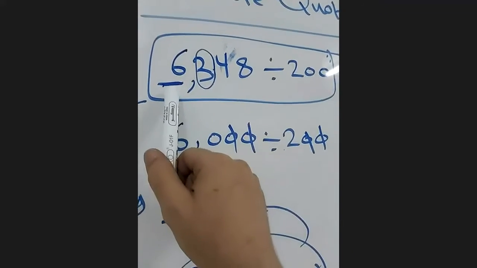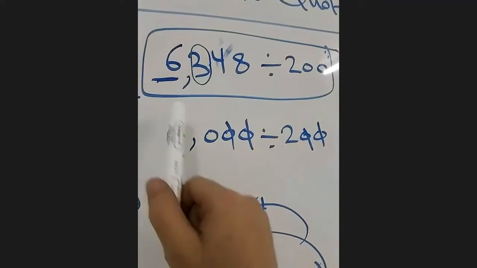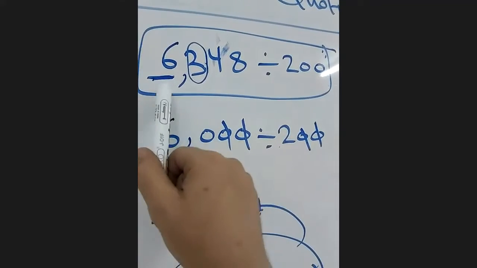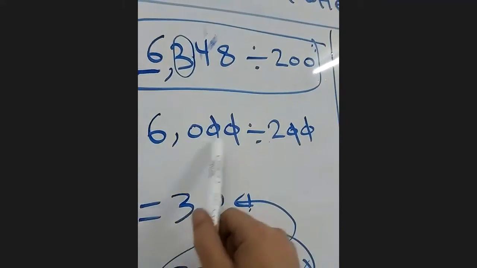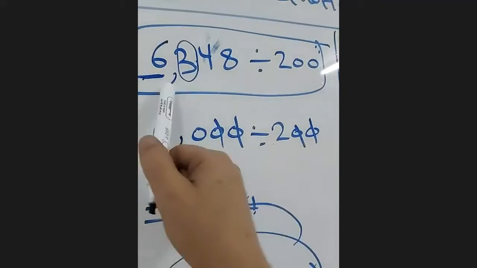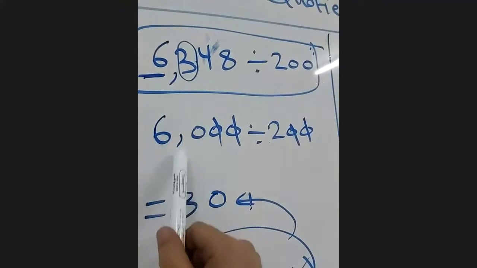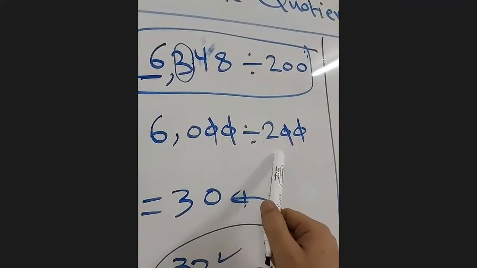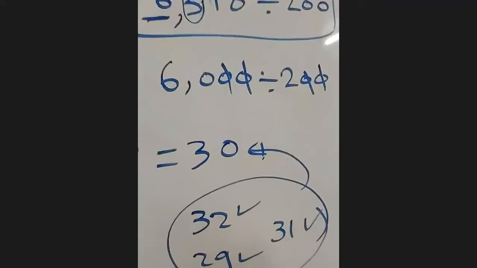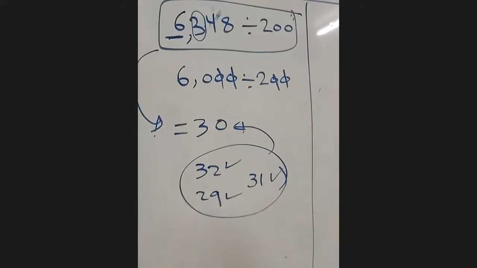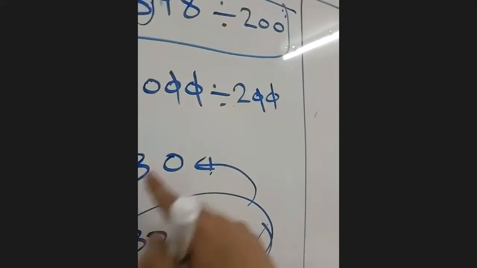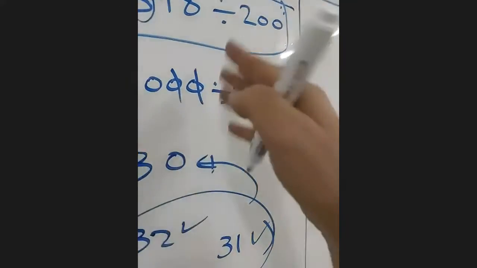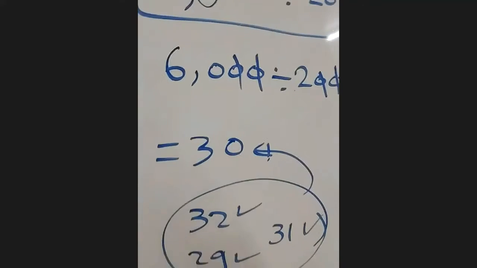I will round the first digit, it is 6. Now the second number is a 3, we don't add 1. Then the other numbers will be zeros. After rounding the first number, we have 6,000 divided by 200. Now we use the division patterns which we did in the previous lesson. 6 divided by 2 is a 3. We cross the two zeros together, still one zero, it is done.